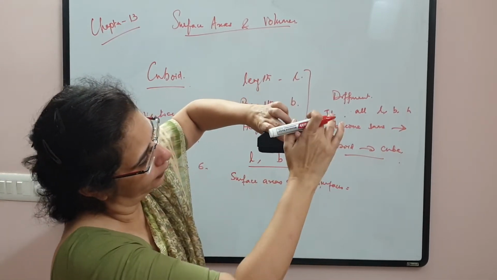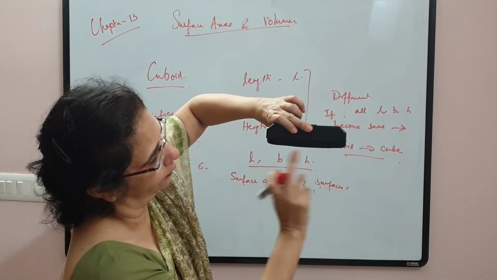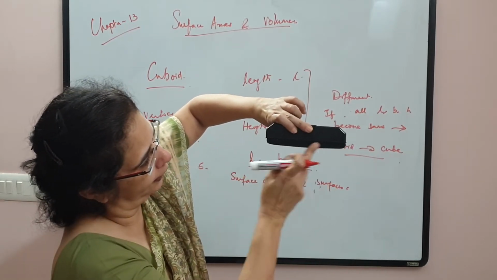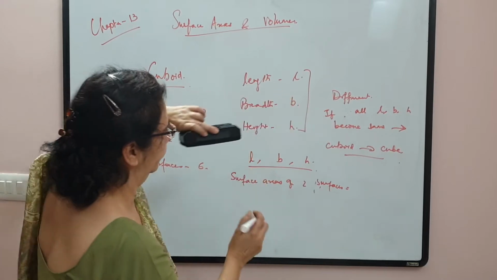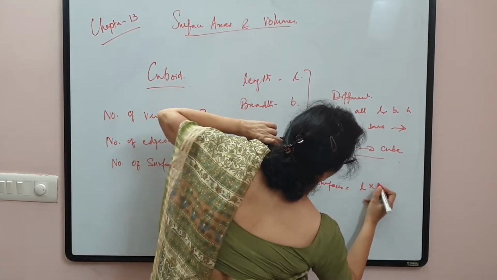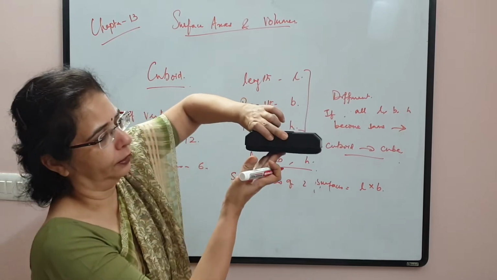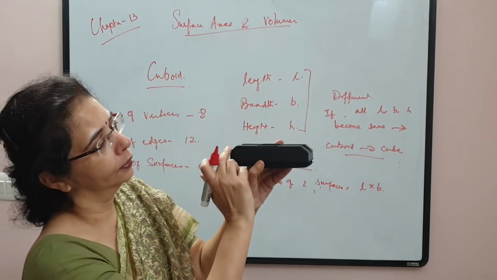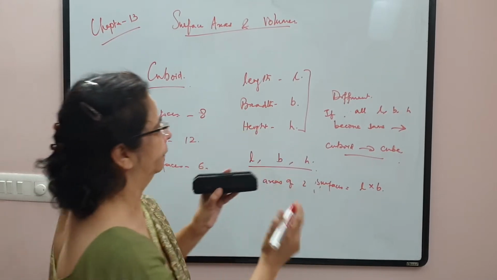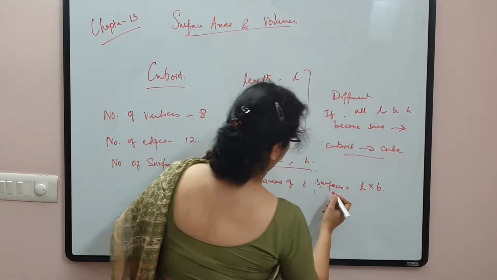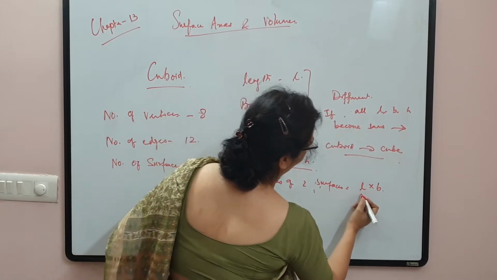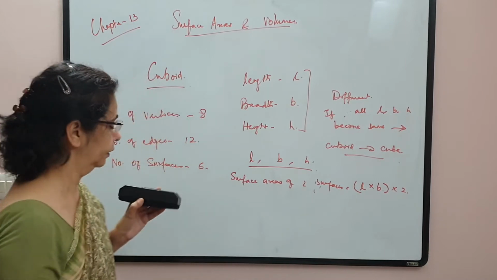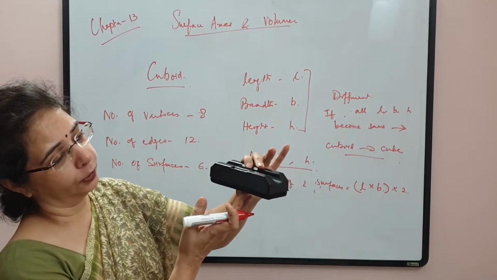This is one surface area, this is another surface area, this is length, this is breadth, this is height. What is the surface area of this? Length into breadth. Okay? So L into B. And there are 2 such surface areas whose areas are L into B. The other one is this L into B. So the areas of these 2 surfaces are L into B into 2. Now we have taken care of these 2.